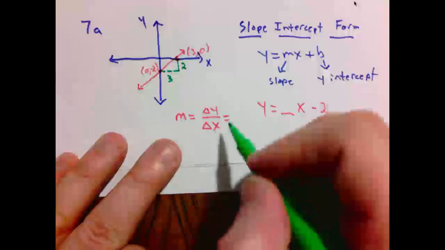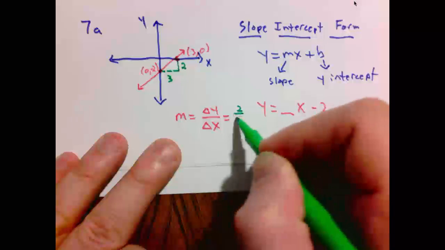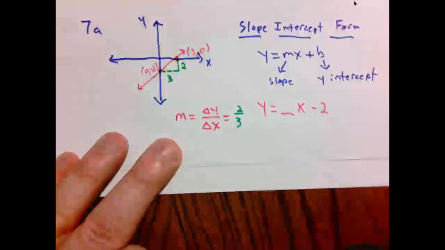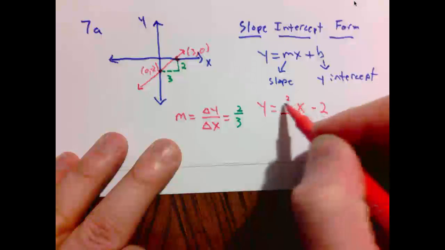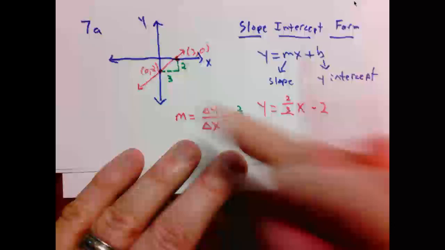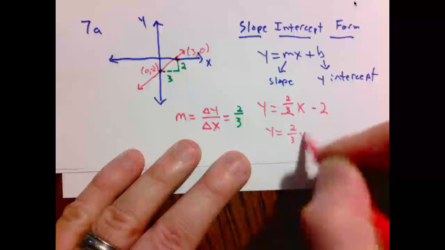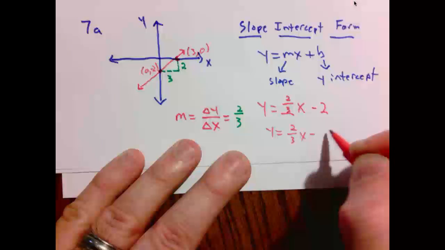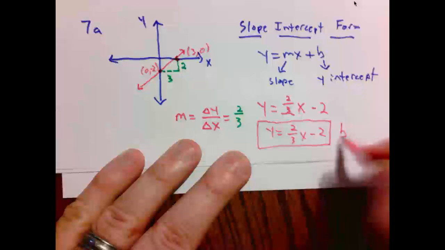Thus our slope, change in y over change in x, is 2 over 3. This value will go in place of m. So the equation of this line is y equals 2/3 x minus 2, and that is selection B.